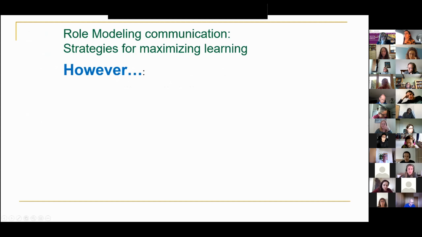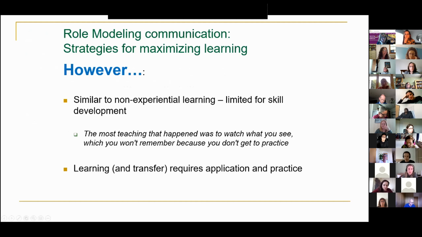All right, with each of the ideas I'm putting forward, I'm going to say a however to it, which is, what is the problem with role modeling? And what we know is similar to any kind of non-experiential learning, like what we're doing right here today. It's limited if you're trying to develop skills. That in order to develop a skill, you have to do it.